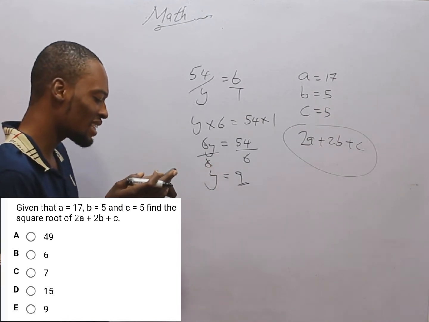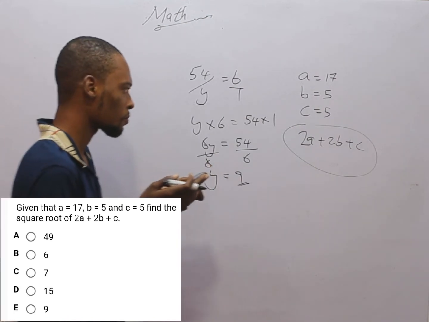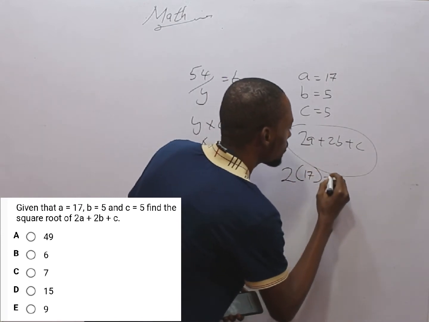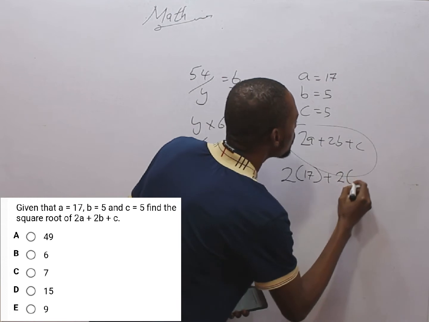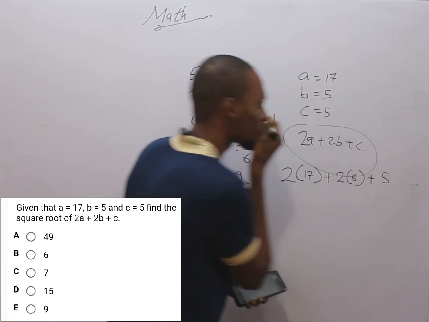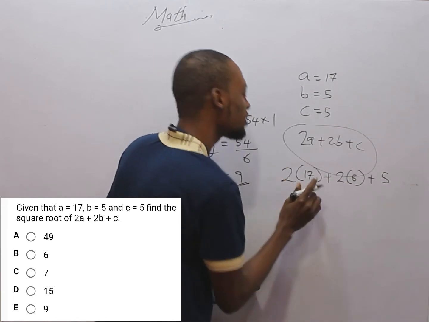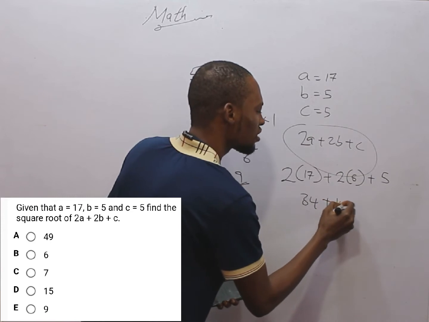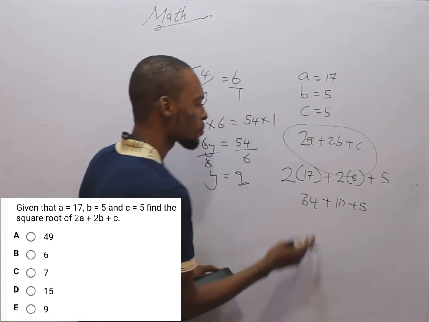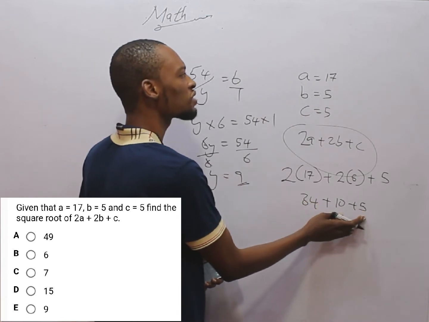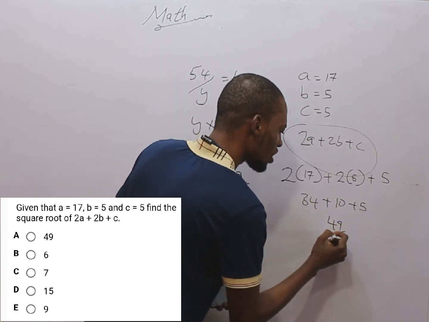At the end, find the square root. 2a becomes 2 times 17, plus 2b becomes 2 times 5, plus c becomes 5. 34 plus 10 plus 5. 34 plus 10 is 44, plus 5 is 49.